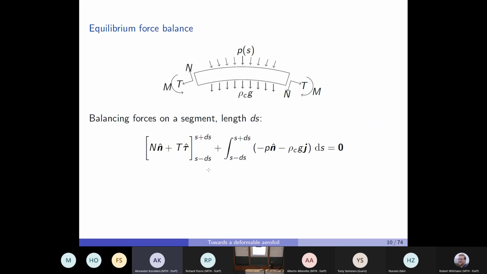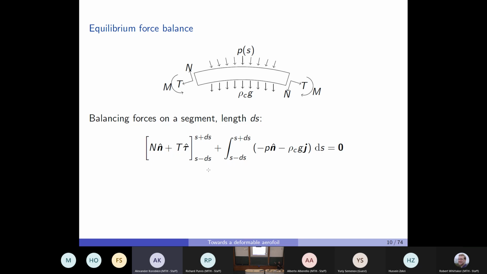Okay, so if we begin to think about writing down some mathematics for this situation, the first thing we want to know is what's the force balance on the wall of the cell. So if we take a little segment of the cell, a little segment of length ds, say, and then think about what the force balance is across that. So the forces active here are P of s, where s is arc length.